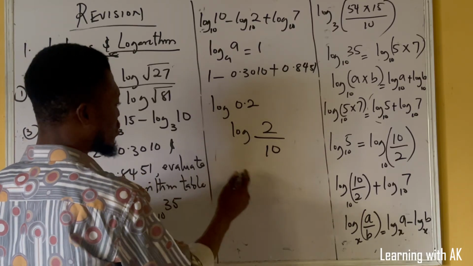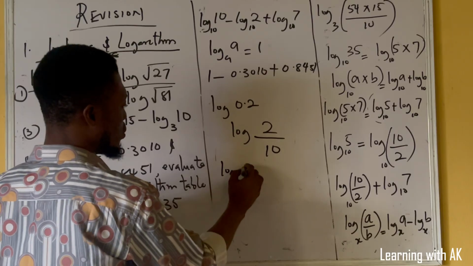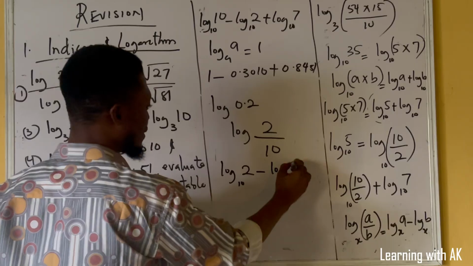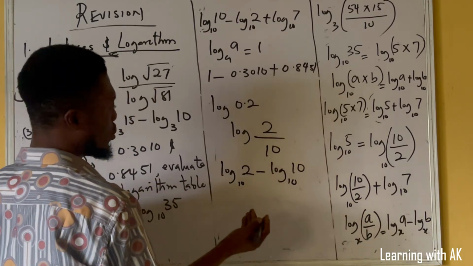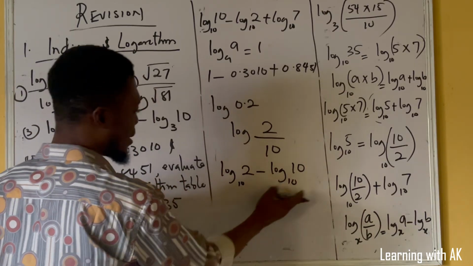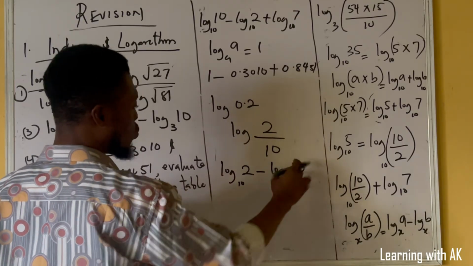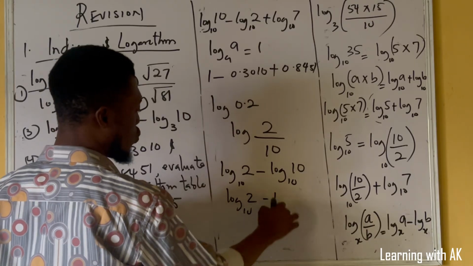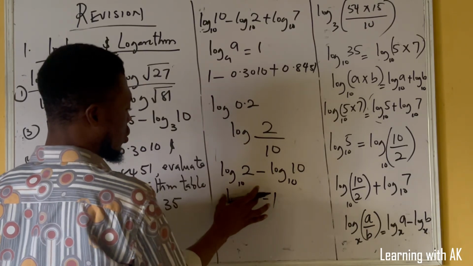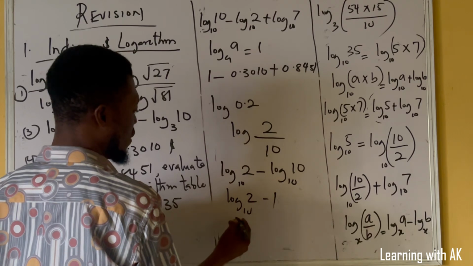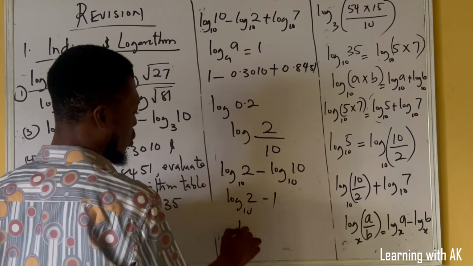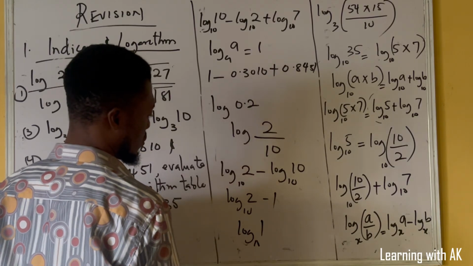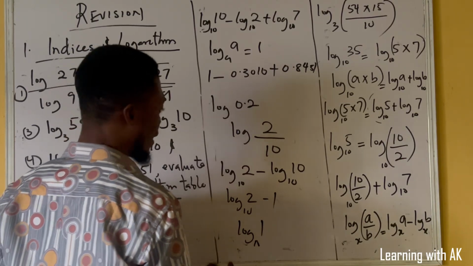I can leave my answer like this, or I say log 2 base 10 minus log 10 base 10 using the rule. This over this, I can write it as this. Then log 10 base 10 is the same thing as 1. So I have log 2 base 10 minus 1. And so you can find the log of this minus this, or I just simply leave it as it is. Okay? So that's that.